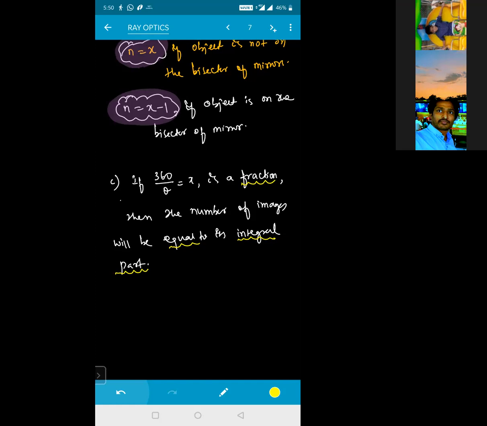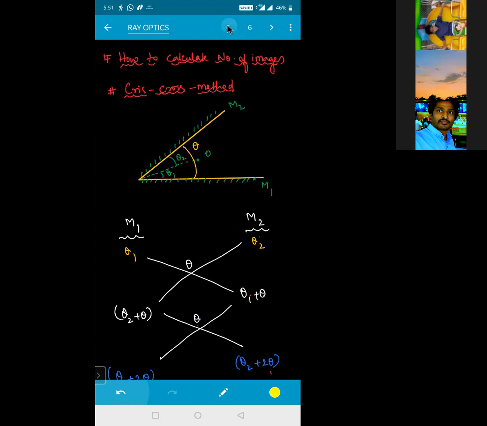Like that. So that is the way we calculate the number of images. Clear? Any doubt in this one? So that was the introduction to this topic.